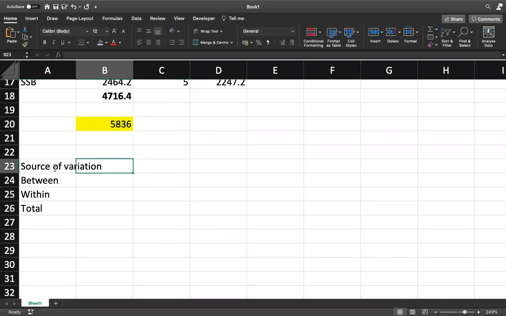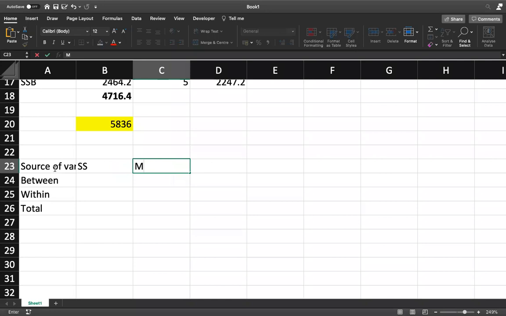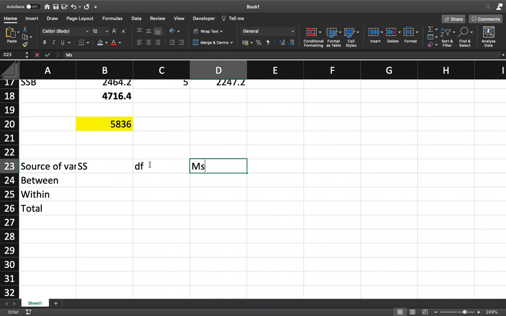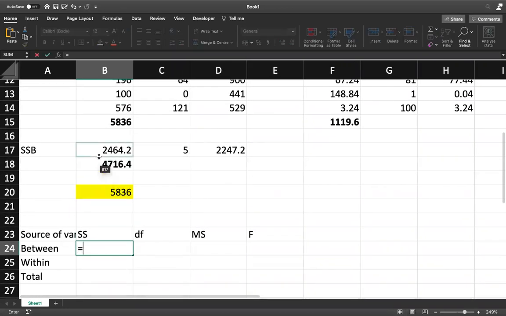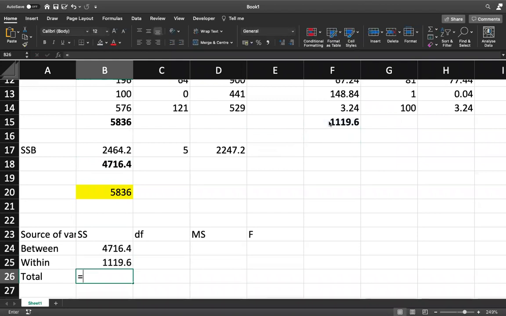We want to find the sum of squares, the degrees of freedom, the mean squares, and then the F statistic, right? Now, the sum of squares between is what we calculated here. The sum of squares within is what we calculated there. And the total sum of squares is what we have here.